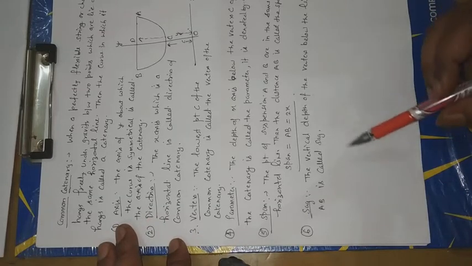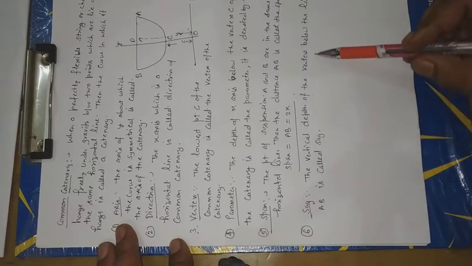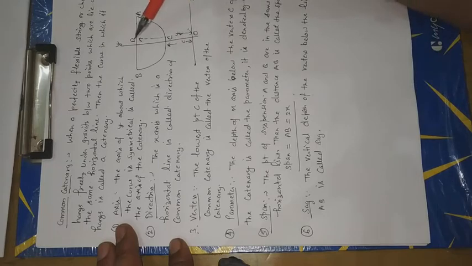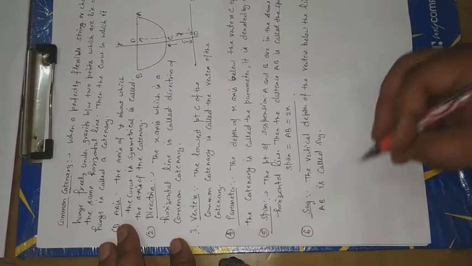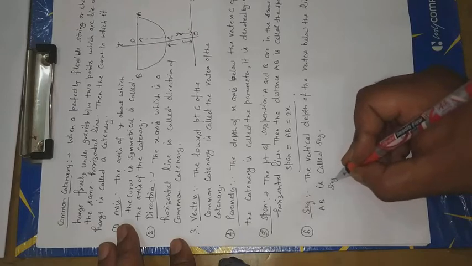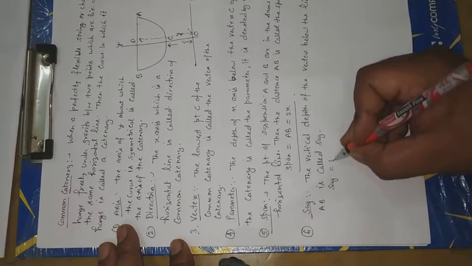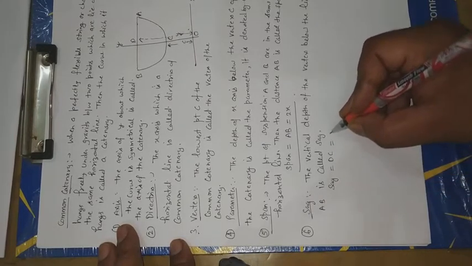Now repeat again. The vertical depth of the vertex below the line AB, that is DC in the figure. Okay. Now sag is equal to DC is equal to y minus c.